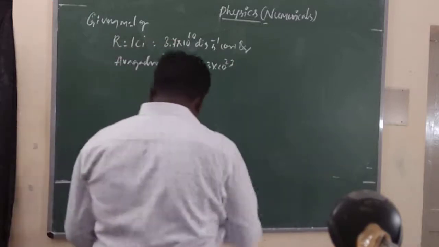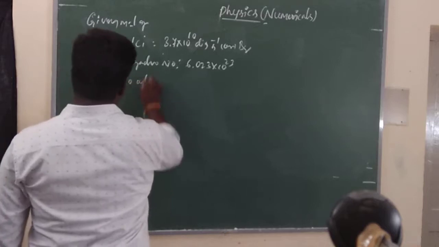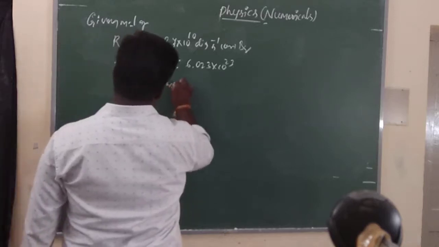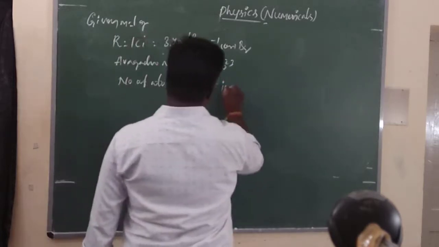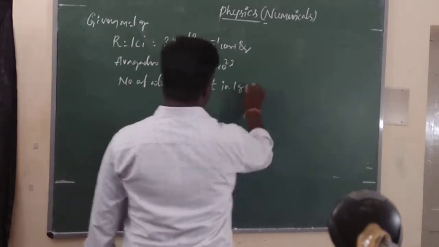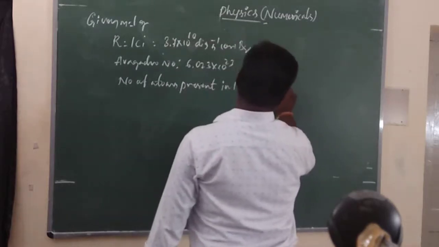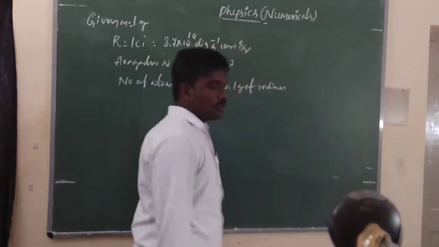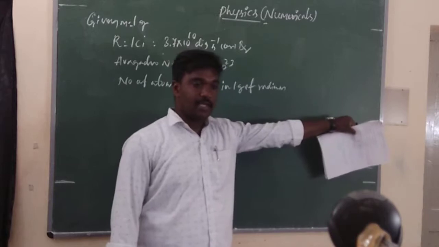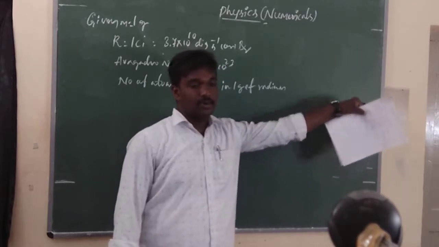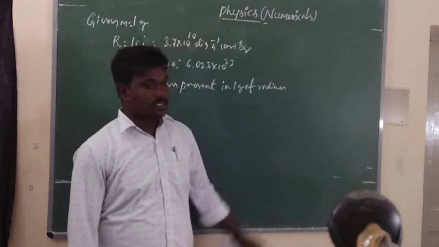Next, number of atoms present in 1 gram of radium. So already I have given that 226 gram of radium consists of 6.023 into 10 to the power of 23 atoms present.